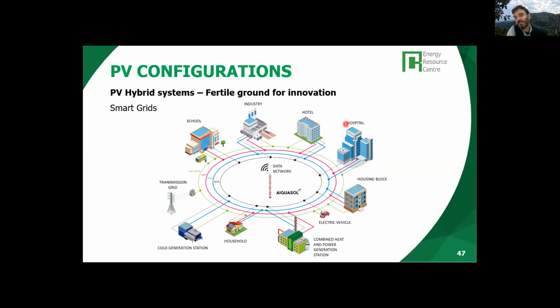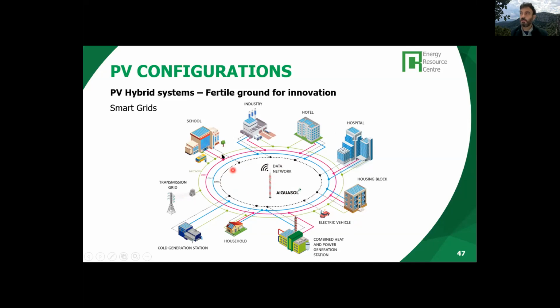More configurations we can consider are smart grids, where we have a lot of interconnection with different potential consumers, and buildings that can generate with photovoltaics: schools, industries, hotels, hospitals, households, housing blocks, whatever, and also electromobility charging stations for cars, with a very developed grid network that can share electricity, but also heat, cold, and of course a lot of data.